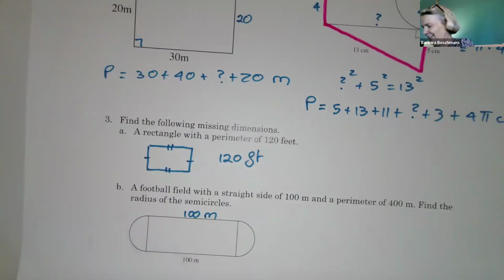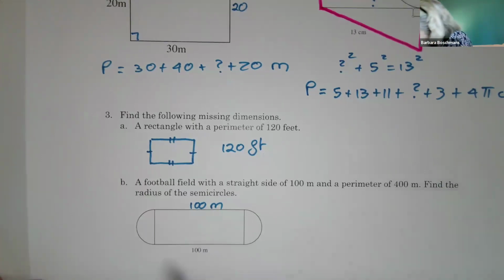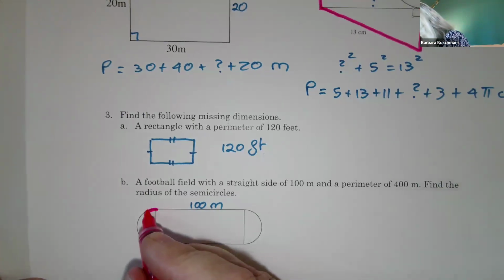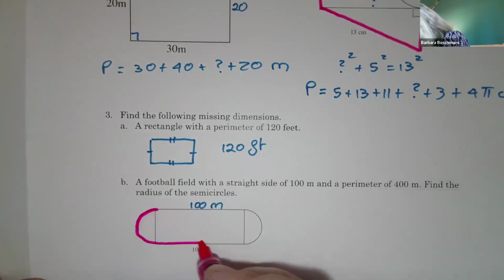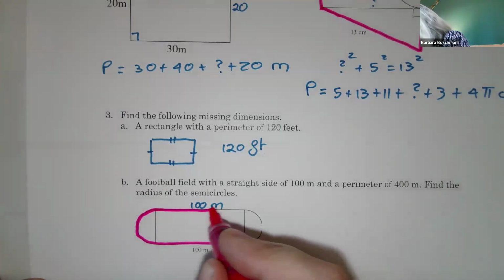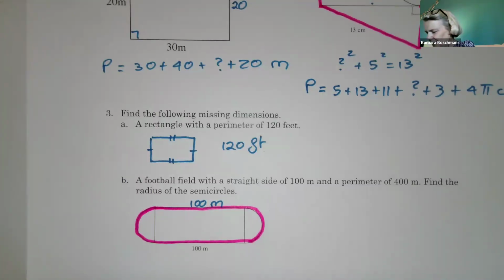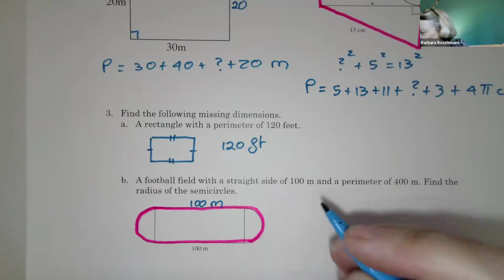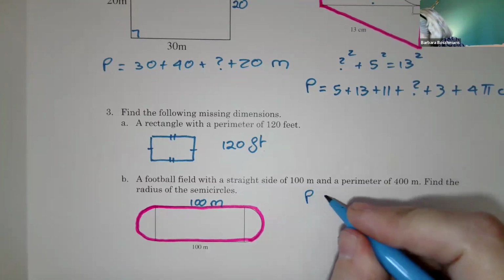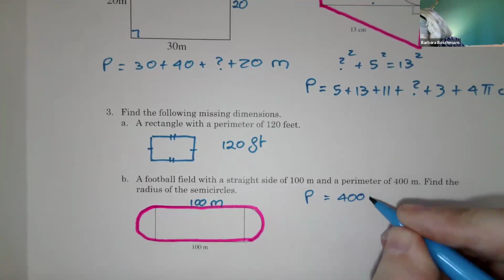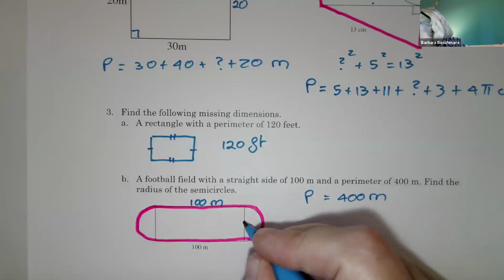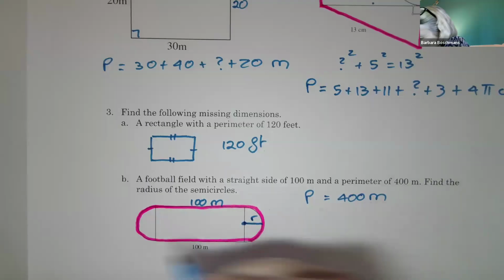Lost my highlighter, found it again. So distance around. The distance around is 400. So the perimeter is 400 meters. What we want to do is find the radius.